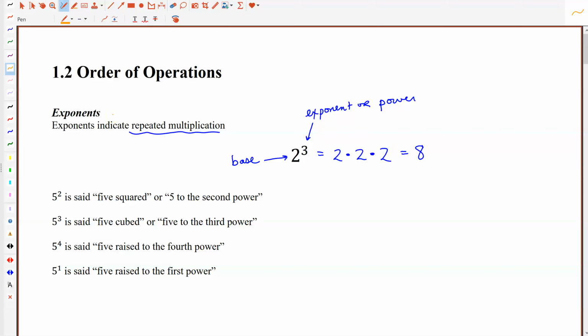Sometimes if we're working too fast on a problem like this, we just take the big number and multiply it by the little number, thinking 2 times 3, which is not what's going on here. It's not big number times little number. It's the big number multiplied by itself, the number of times that the little number tells me to do it.